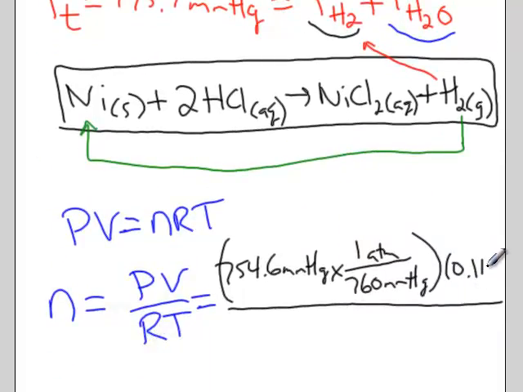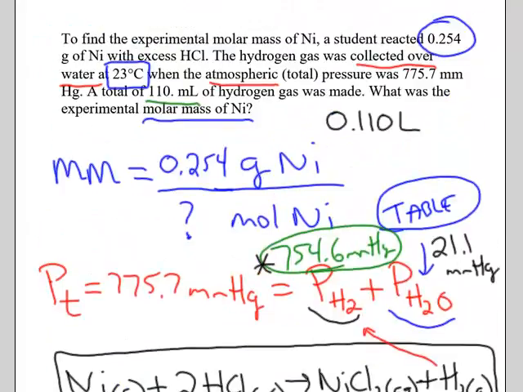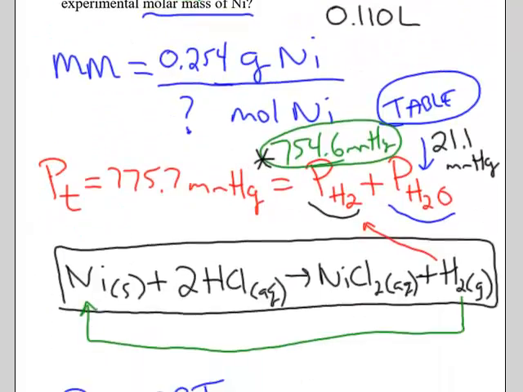So 0.110 liters. Gas constant, and then the temperature, 23 degrees Celsius.